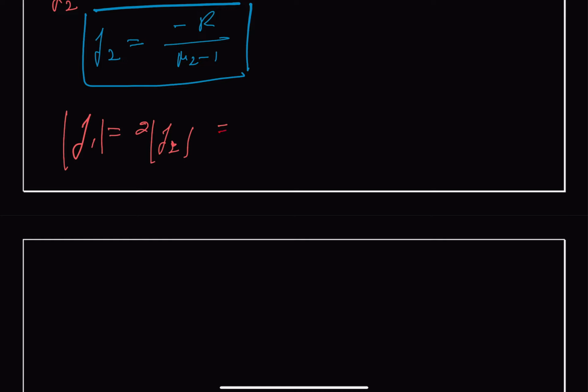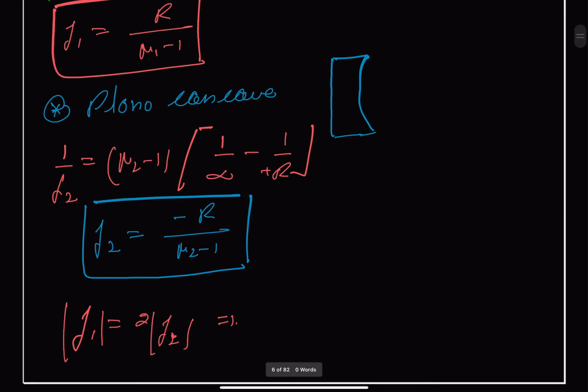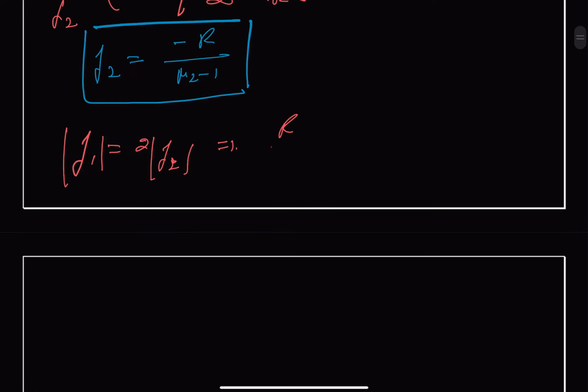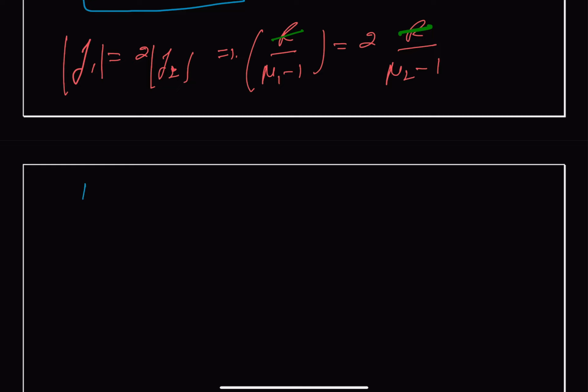So we substitute f1, that was our r upon (mu1 minus 1), and here we have twice r upon (mu2 minus 1). r and r go away, and we get mu2 minus 1 is equal to 2 mu1 minus 2. So this gives us that 2 mu1 minus mu2 is equal to 1.